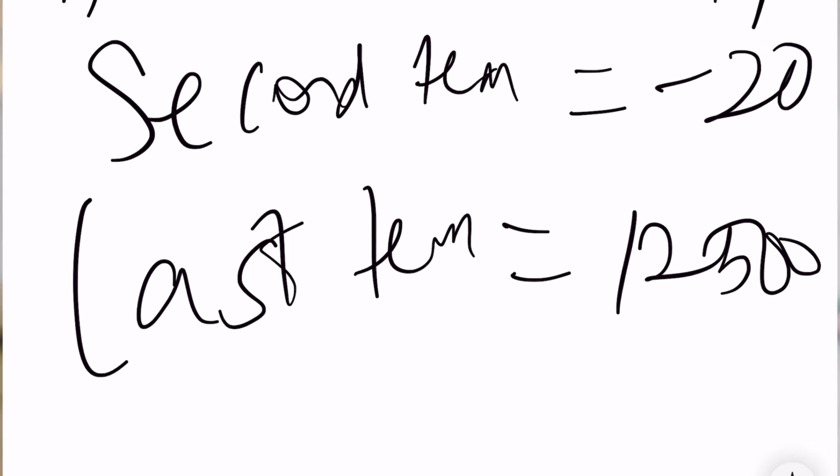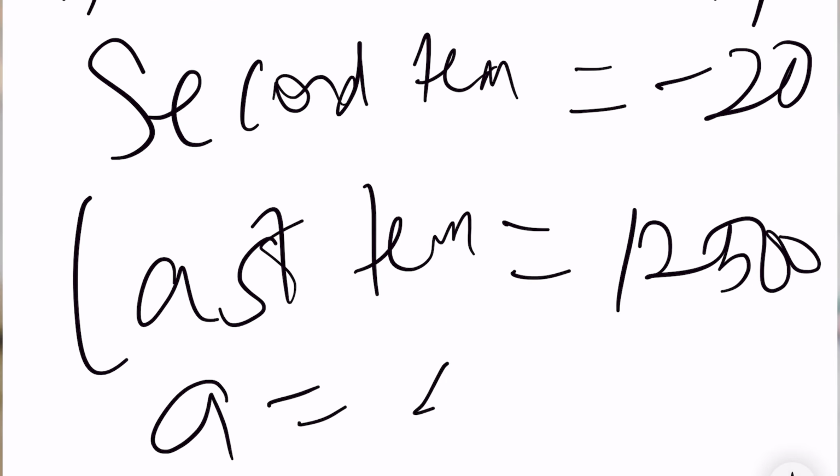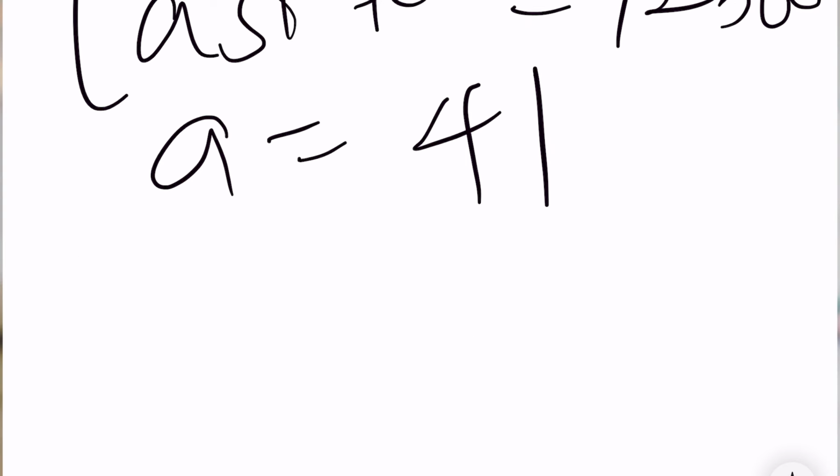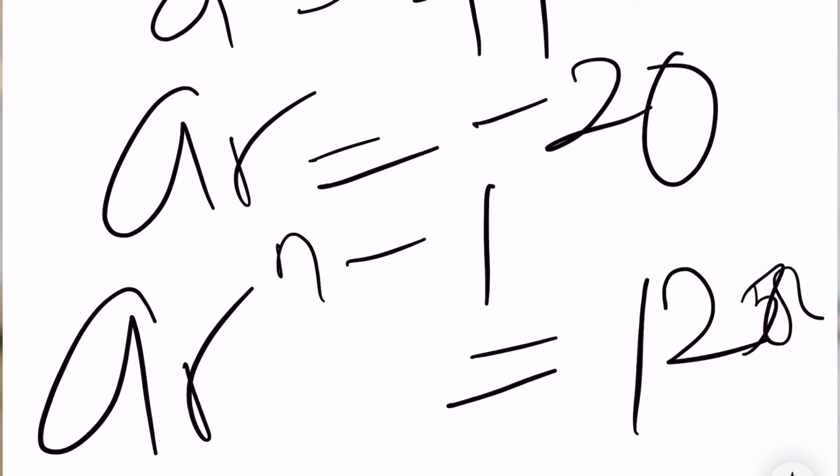So now we need to first look for our common ratio. Where we have our a to be 4. Now for our next term, our second term is usually ar, which is minus 20. Now ar^(n-1) is 12,500 for the last term. So our common ratio is usually ar over a.